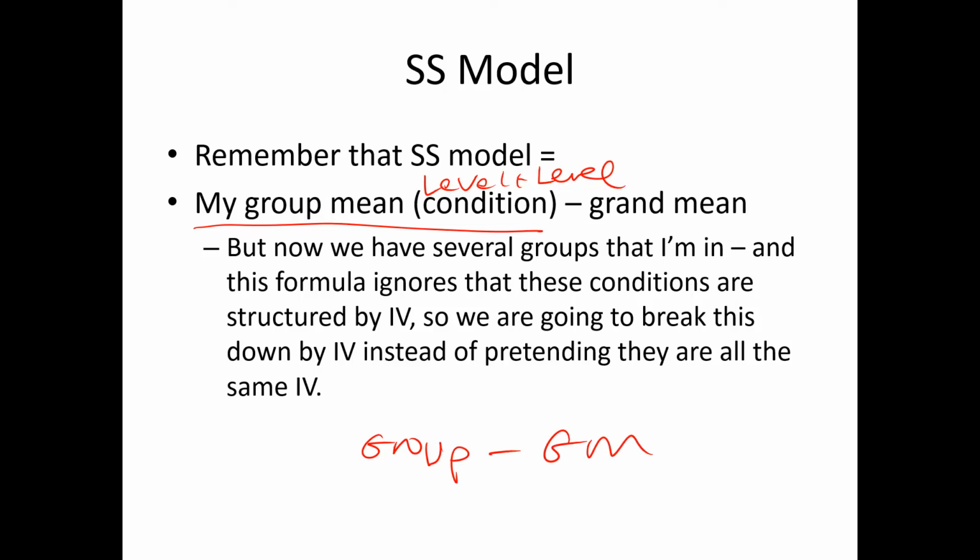So it's actually the same idea, but now group has a different connotation. So group could be gender, it could be sport for main effects, or it could be gender and sport. So we have to kind of break this down differently. So by using my group mean and talking about it being just levels, ignores the fact that these variables are structured.